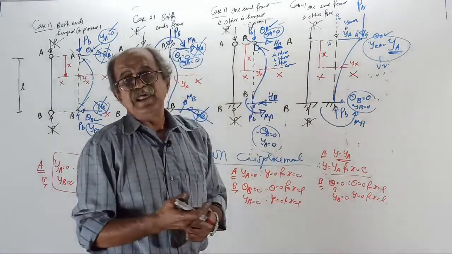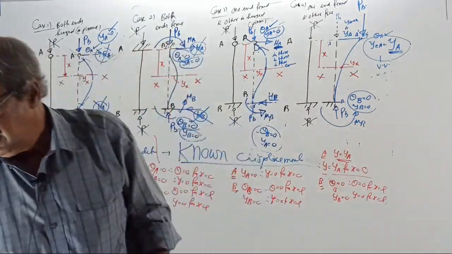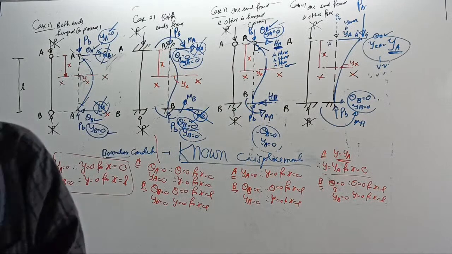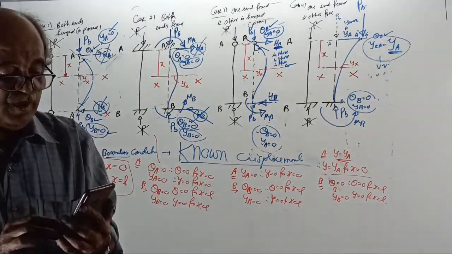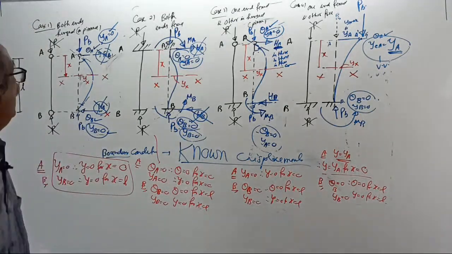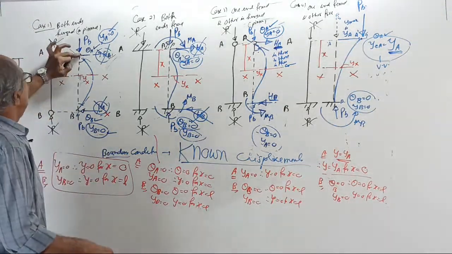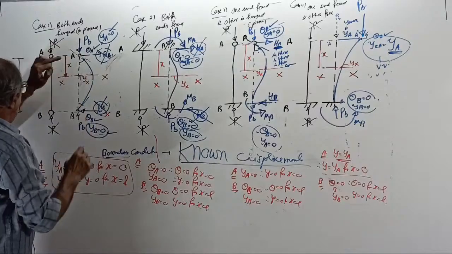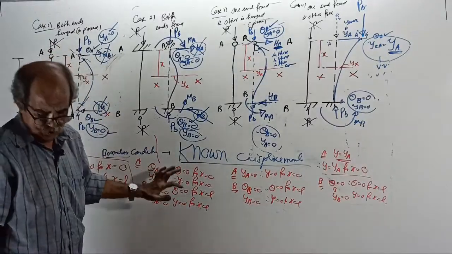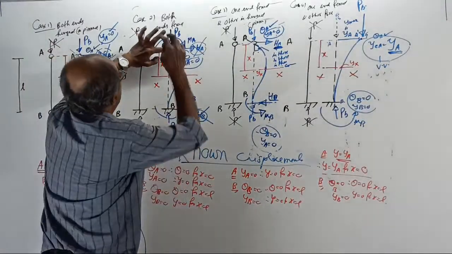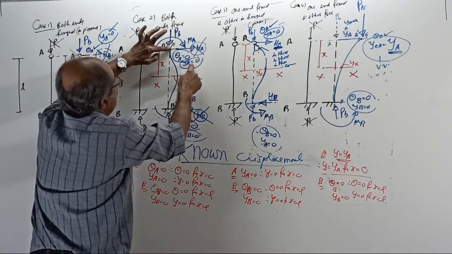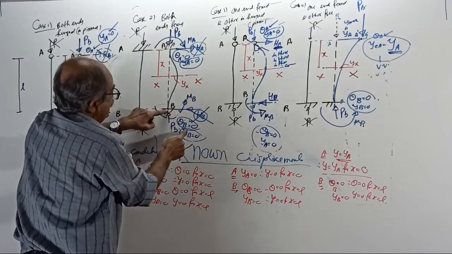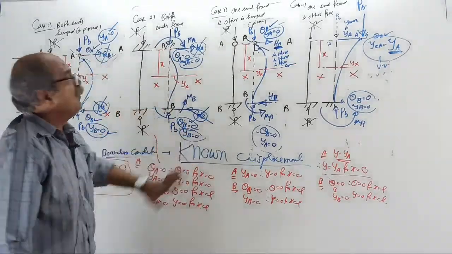Clear? I will explain once again. Start here: X equal to 0, Y equal to 0, X equal to L, Y equal to 0. Next question: X equal to 0, theta equal to 0, X equal to 0, Y equal to 0, X equal to L, theta equal to 0, X equal to L, Y equal to 0.